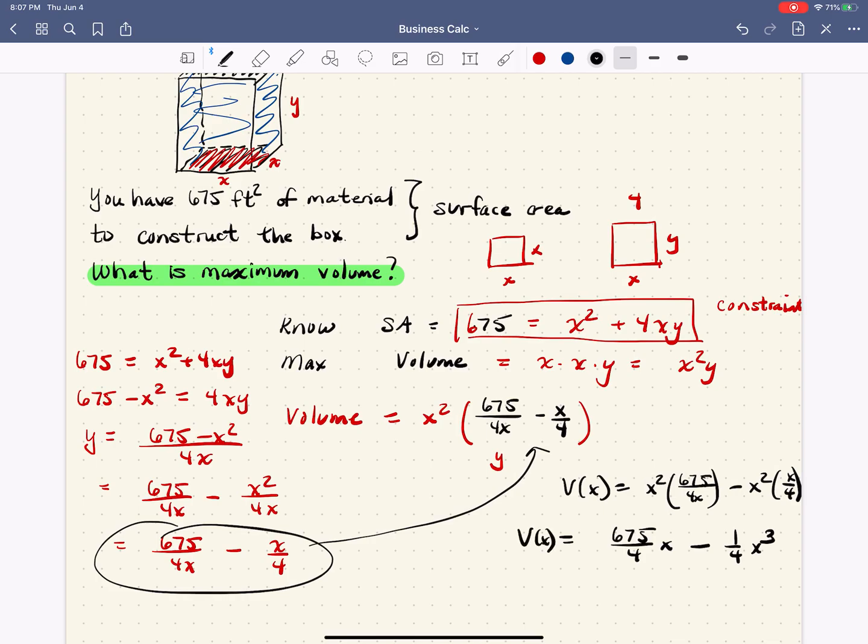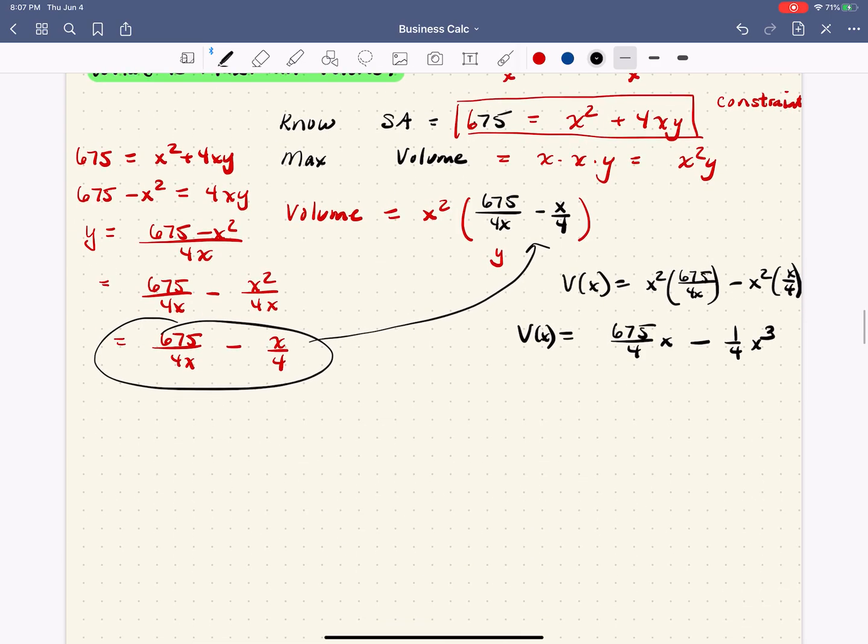So now that we're here, we can use calculus to analyze this. So this is getting a little better by the minute here. So V prime is equal to 675 over 4 minus, now if I bring the 3 down, that's 3/4 x squared. And we know that the action happens when it's equal to 0.